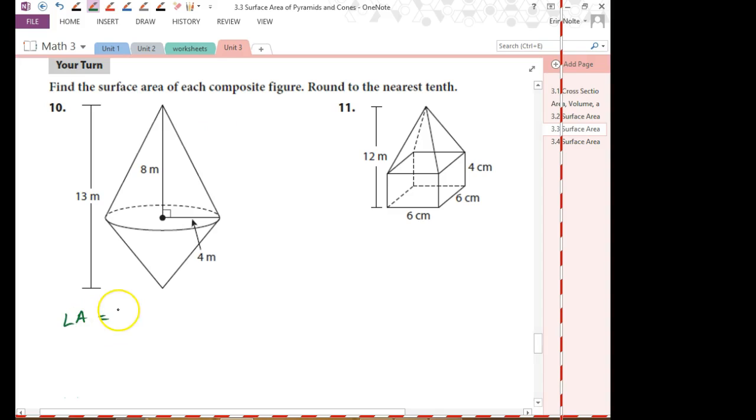Lateral area of the top cone. So what was the formula again for the cone, the lateral area? Pi r L. So pi, my r for this one is 4. What's my L? 8.